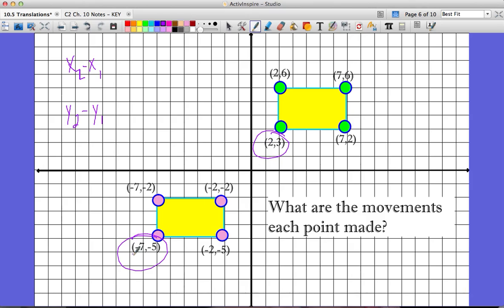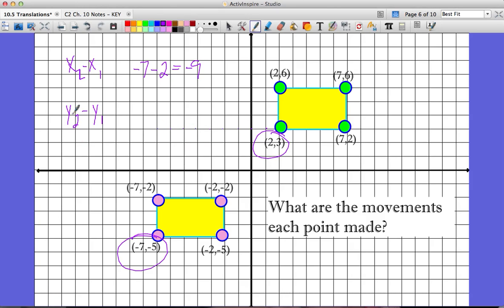So if you take the 2 and 3 and the -7, -5, and I take the -7 minus 2, that is going to give me a -9. So that tells me that this should move to the left 9. So 1, 2, 3, 4, 5, 6, 7, 8, 9.